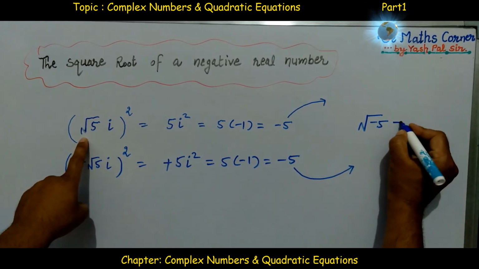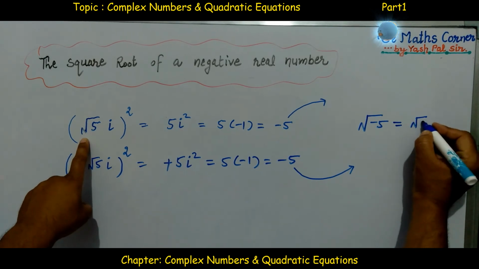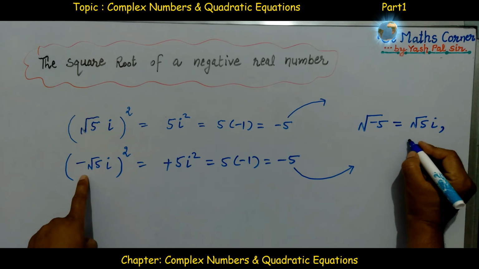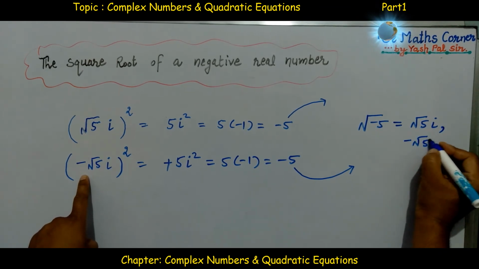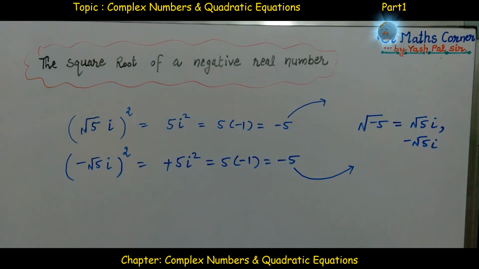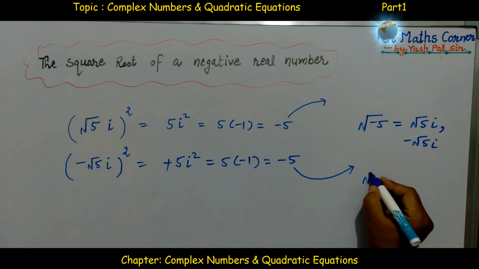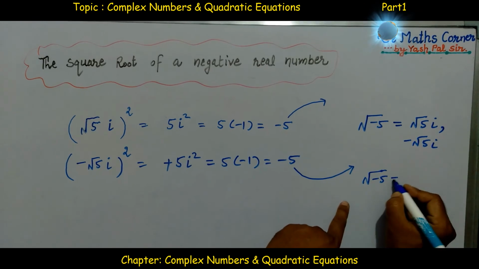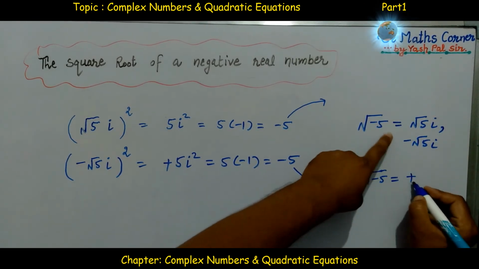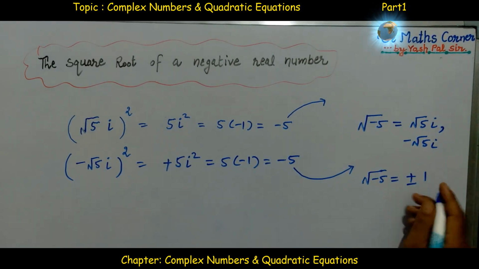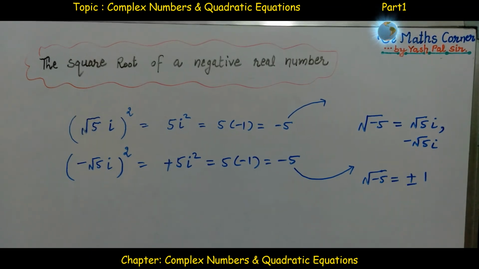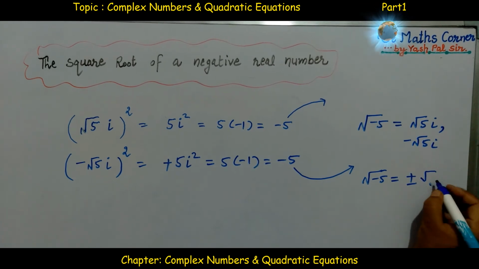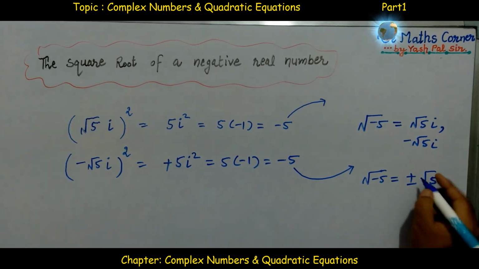So we have square root of 5 iota, comma, minus square root of 5 iota. So simply, we can write the square root of any negative number as plus minus square root of 5 iota. We can also write this iota outside.